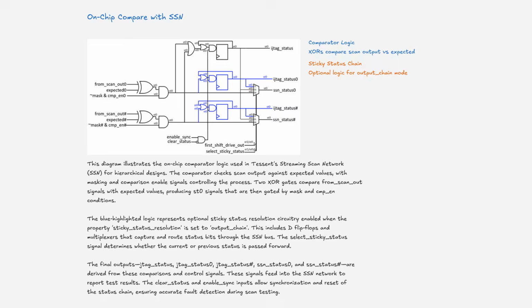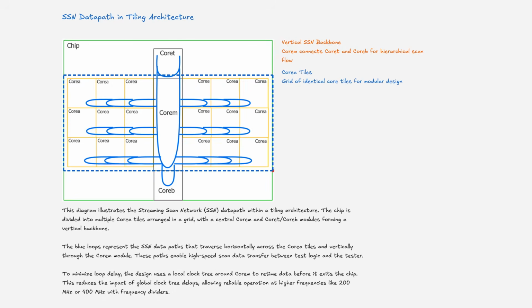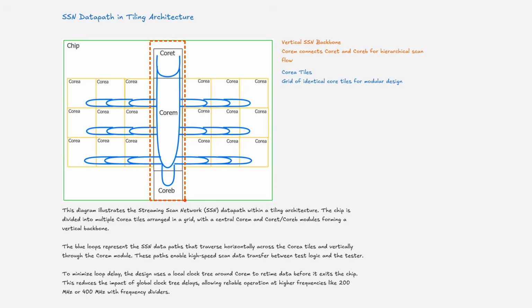This diagram illustrates the streaming scan network, SSN, data path within a tiling architecture. The chip is divided into multiple Core A tiles arranged in a grid, with a central Core M and Core T, Core B modules forming a vertical backbone. The blue loops represent the SSN data paths that traverse horizontally across the Core A tiles and vertically through the Core M module.